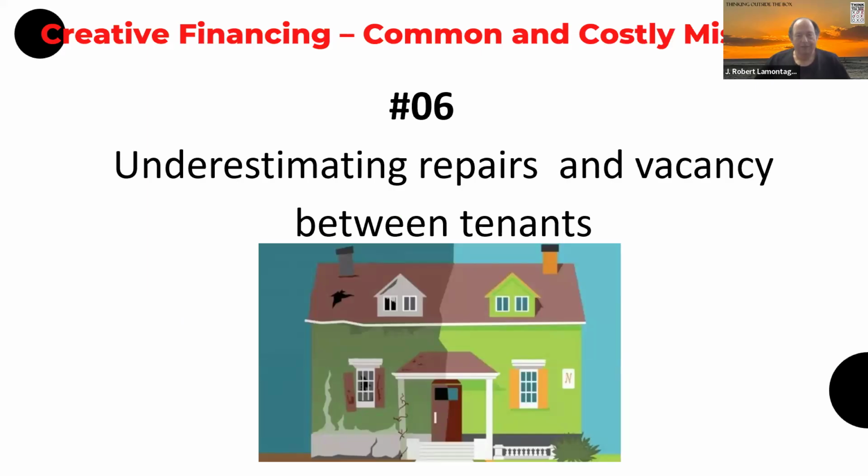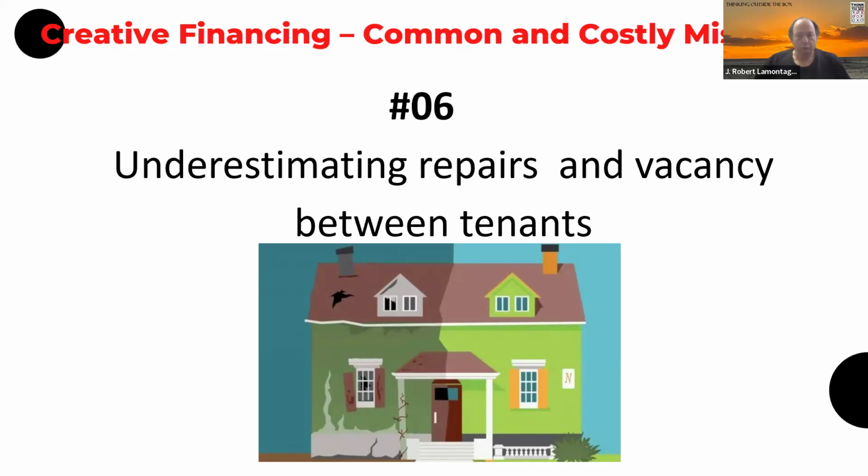The next problem is that investors tend to underestimate the cost of repairs and vacancy between tenants. We just talked about tenant profile. This particular property that the new investor was looking at had 3 one-bedrooms and 1 two-bedroom. One-bedroom apartments tend to turn over more often than 2-bedroom and 3-bedroom apartments.